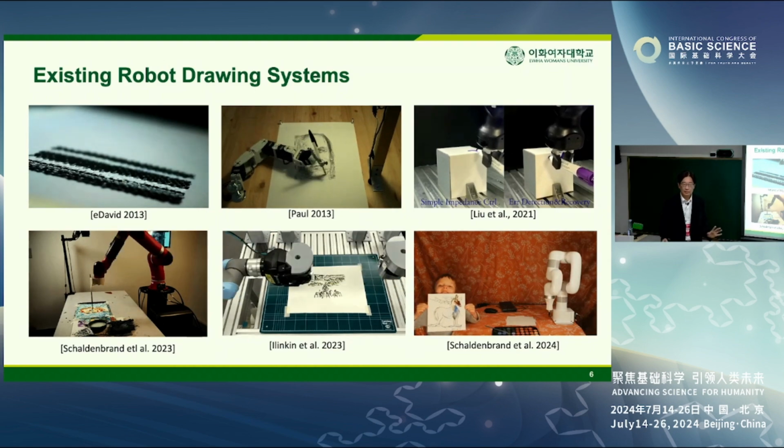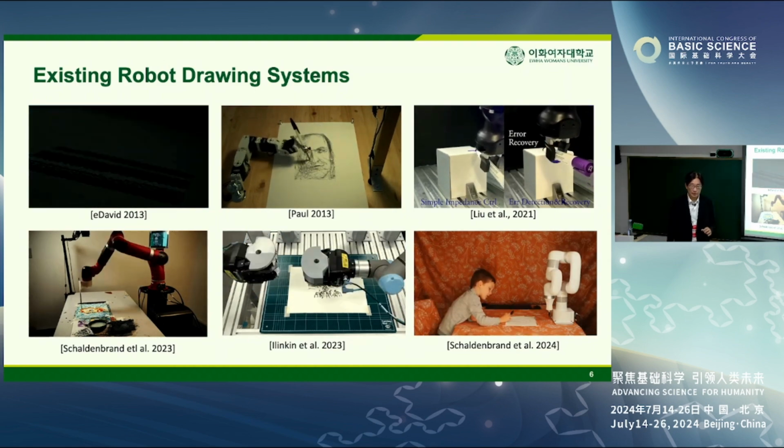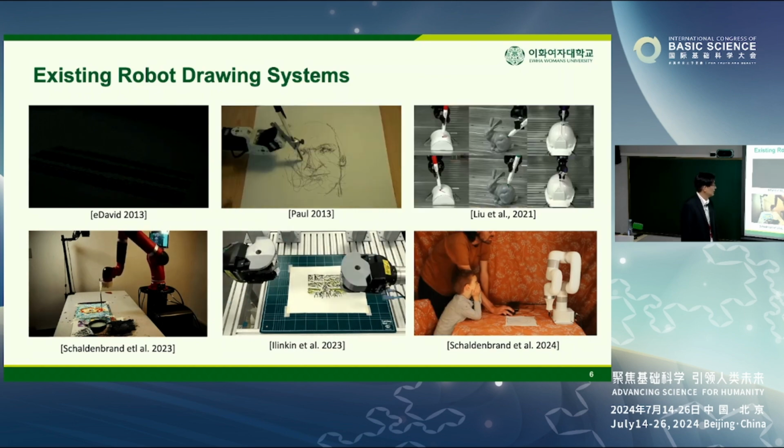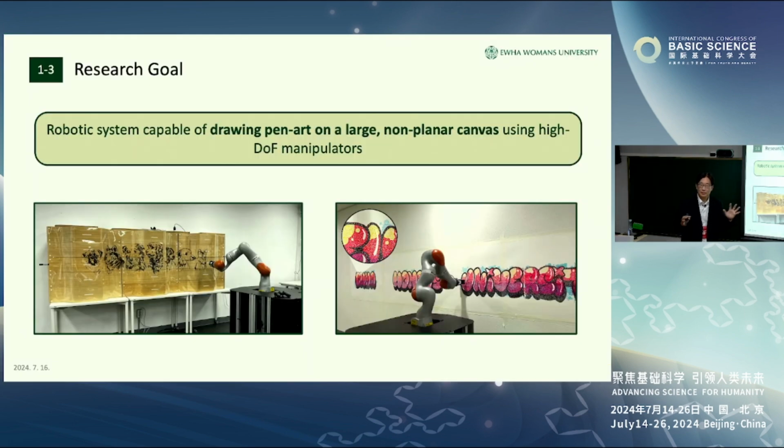But even though these kinds of robotic drawing systems exist in the literature, it would be really hard to replicate large wall drawings in real-world settings. So our research goal, the main focus of today's talk, is how we can create a robotic system capable of drawing pen art on a general non-flat canvas surface in the world, using existing high degree of freedom robotic manipulators.